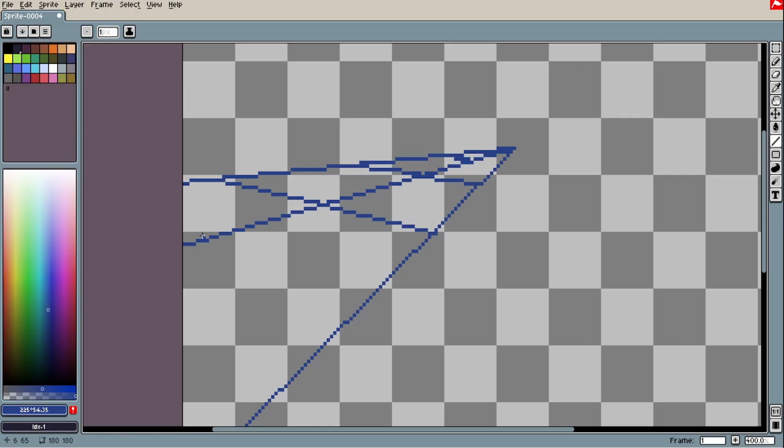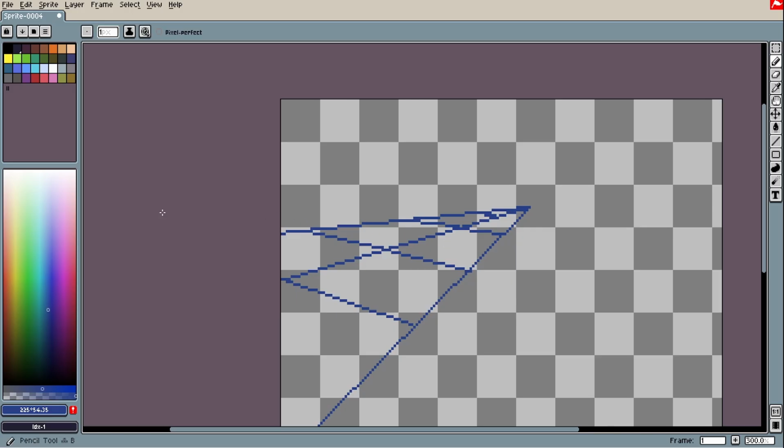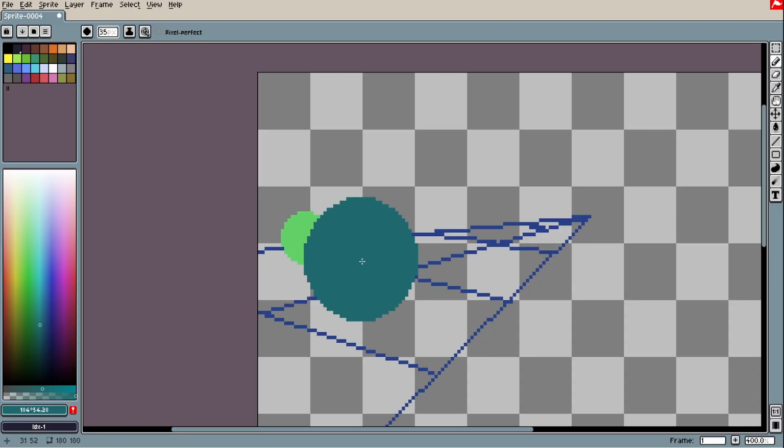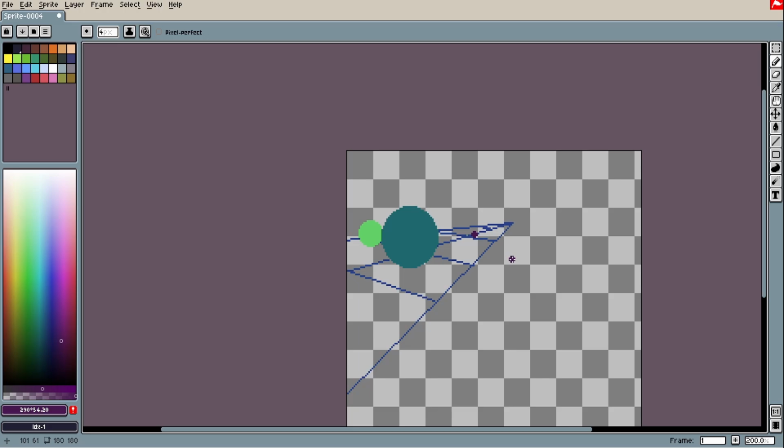So things would actually be placed over this grid. So balls would not actually follow the horizon line, but actually they would be placed over it in order to convey perspective.